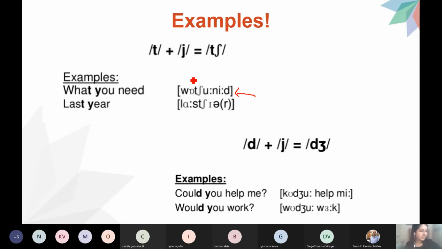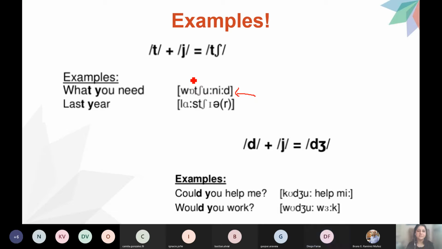Diego Farias, can you pronounce those two examples, please? What you need.